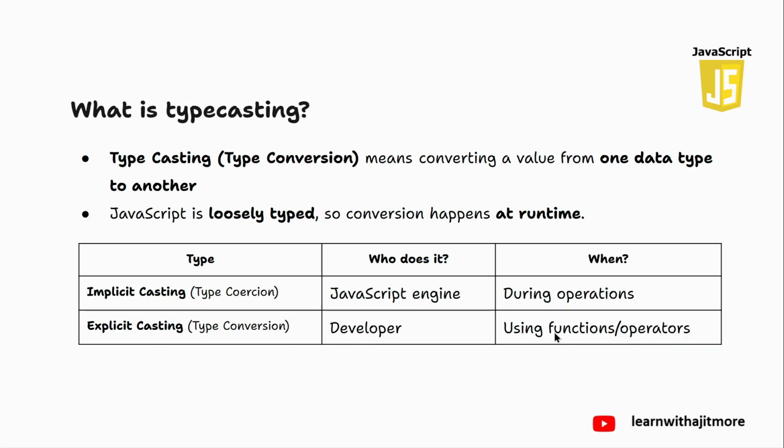And how? By using functions or operators. You'll ask, operators how? I'll tell you, we have done it, you don't recall it. See, if I write plus before a string, now this is a string, but I've written plus. Now it will convert it to numeric 25. It will apply a unary plus operation on it, and therefore it will convert this double quote 25 to number 25.